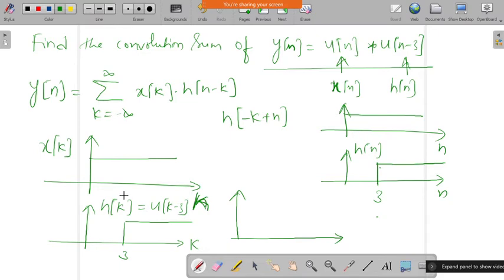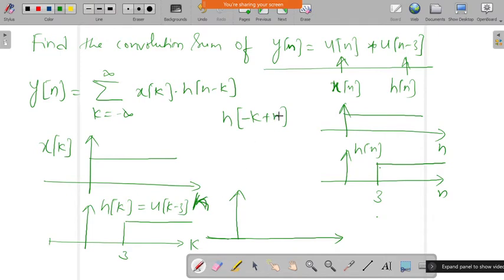Now I need to find out what is h of k plus n. Now this is k. If I shift this signal by n times, that is to the left side, since it is a plus n, we need to shift left side by the amount of n. If I shift that amount of n, what will happen? Here this will be having 3, and now somewhere n will come.